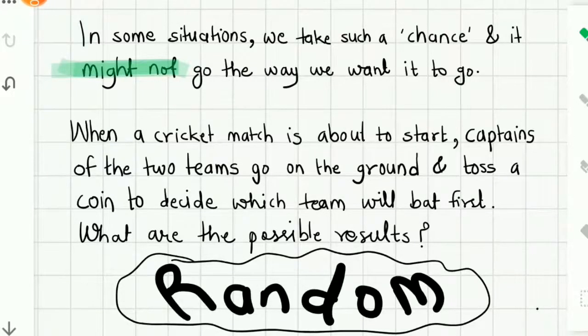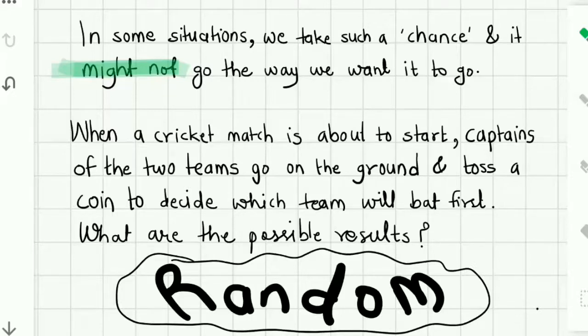You must have also watched a cricket match. What happens before the cricket match is started? Captains of both the teams go out on the ground and they toss a coin. Why do they do this? They toss this coin to decide which team will bat first.